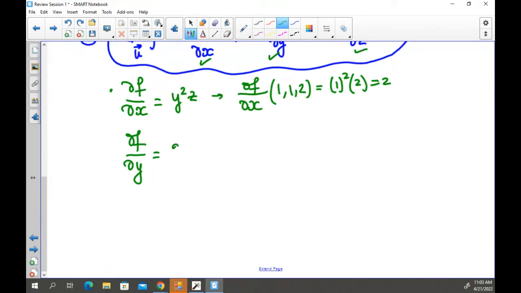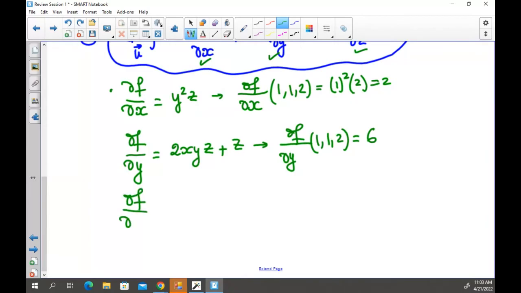It's going to be 2xyz plus z. That means at the point 1, 1, 2, we substitute. So it's going to be 4 plus 6.